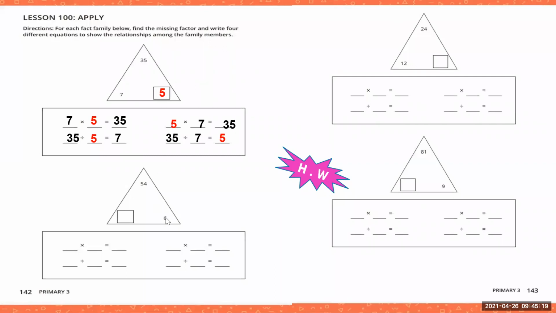54, and here I have 6. So the missing number should be what? Judy, can you answer? 6 times what will give me 54?